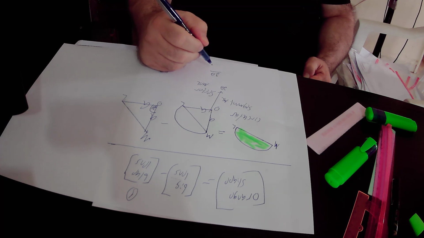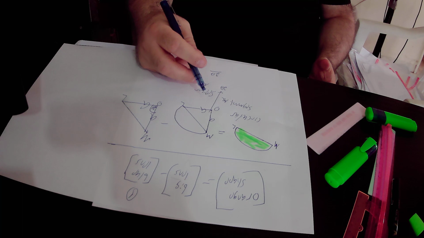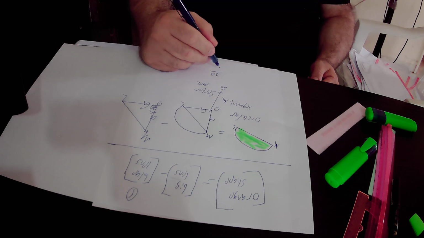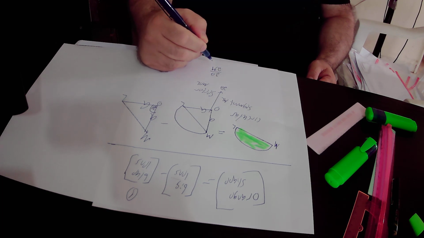over the angle that a complete circle has, this 360 degrees, or in terms of radians 2 pi radians. 2 pi radians equals 360 degrees.